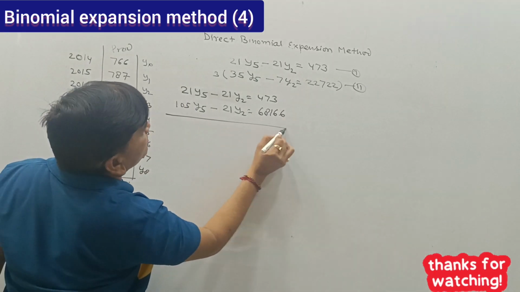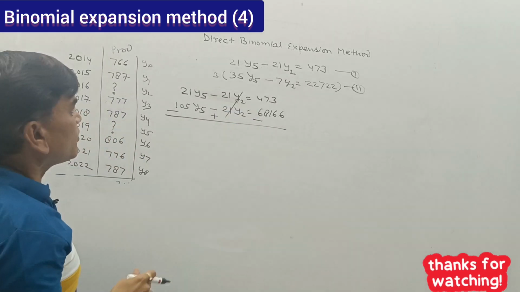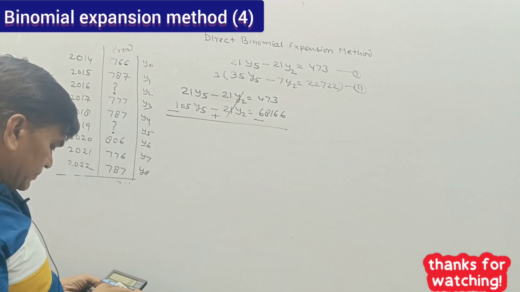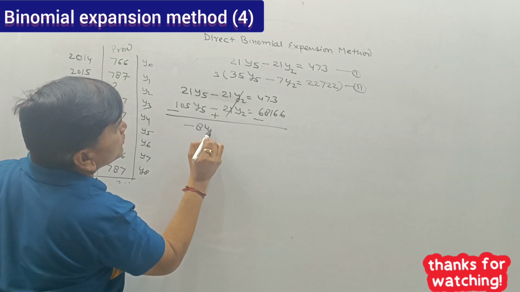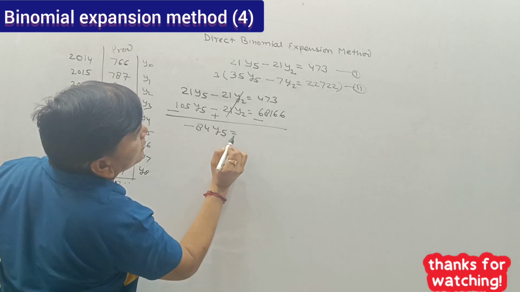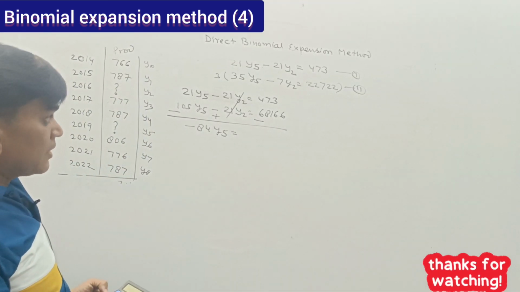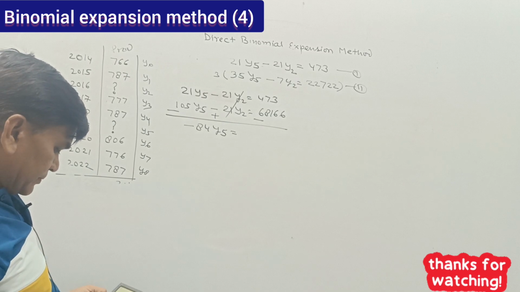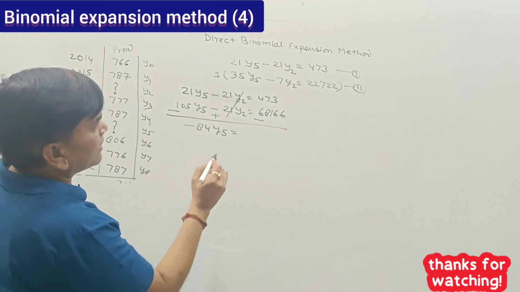So comparing, minus, plus and minus. So 105 minus 21, so this is minus 84y5, 68166 minus 473, 67693.